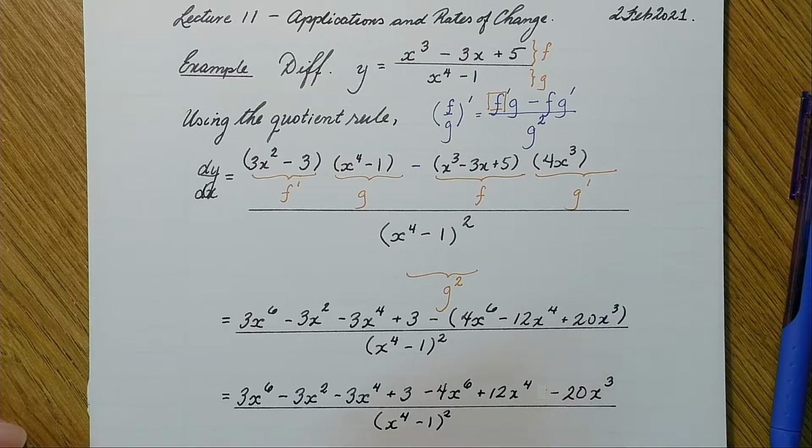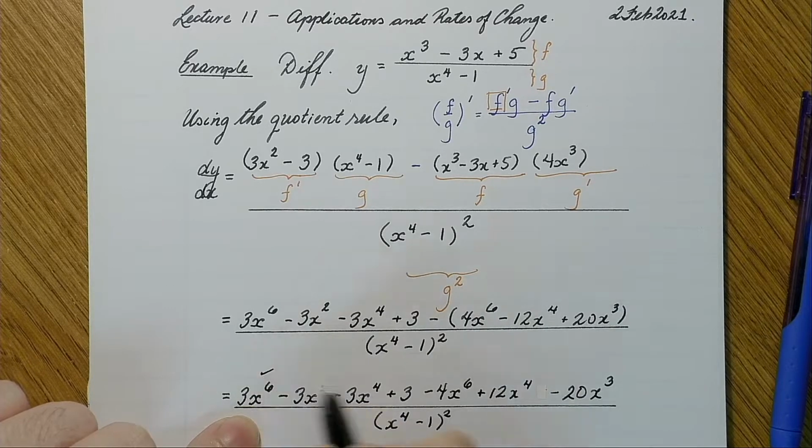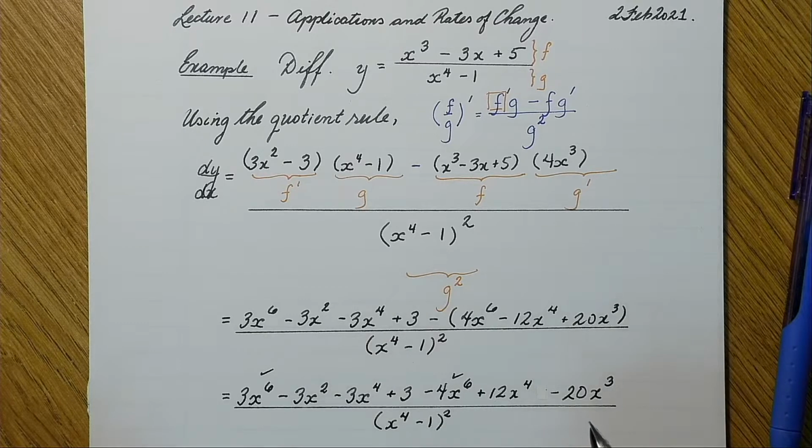All we have to do now is simplify that. I start looking for the 6's here, so that's a minus 1, so just minus x to the 6th. Then the next one that I have is to the 4th, so I have 12 minus 3, so that's 9. Then the next one I have is minus 20x cubed, minus 3x squared, plus 3.